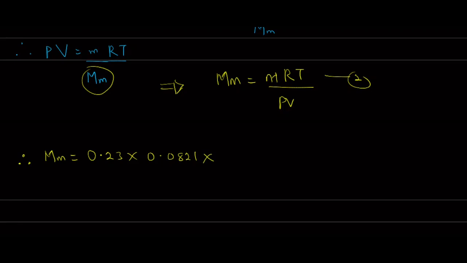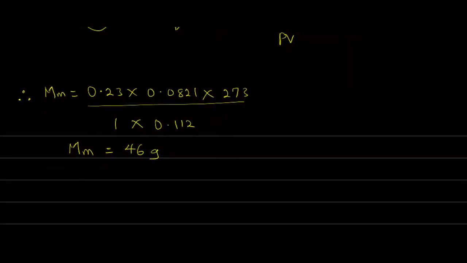So multiplied by temperature, 273, which is our standard temperature, over pressure, 1 atm, multiplied by volume, which is 0.112. So if we solve for the molecular mass, we are going to obtain a value of 46 in gram.